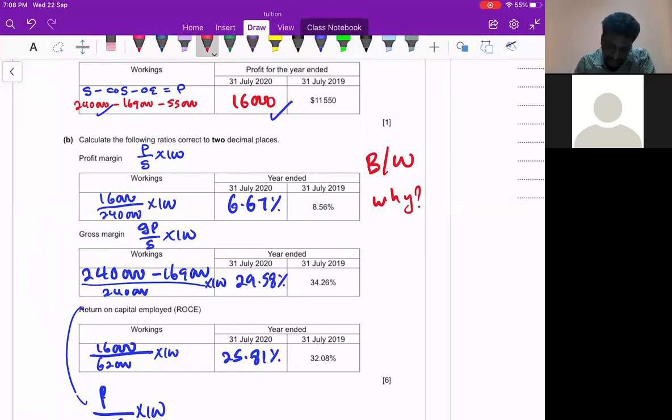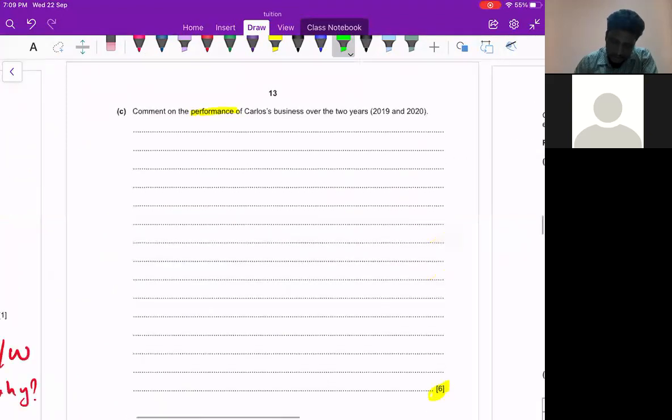So first one, last year was 8.56, this year is 6.67. So your profit margin, good or bad? Become better or become worse? The bigger the better. So last year was good, this year is actually not really good. Your profit margin is not really good. So you go here and write, talk about profit margin.